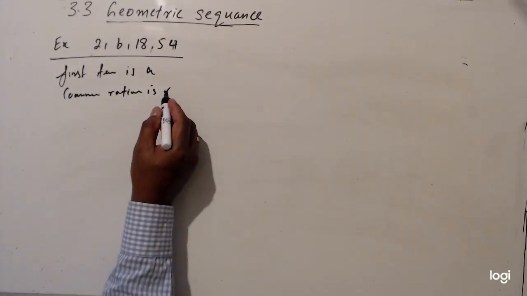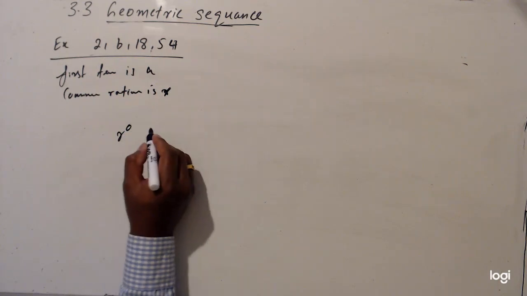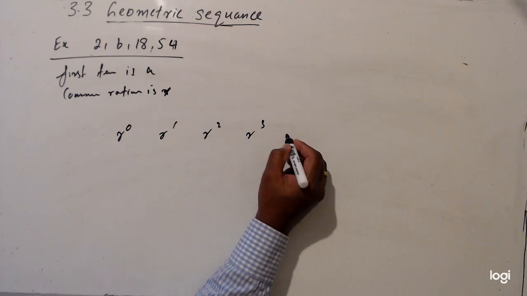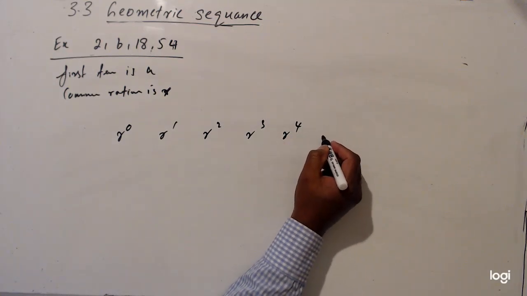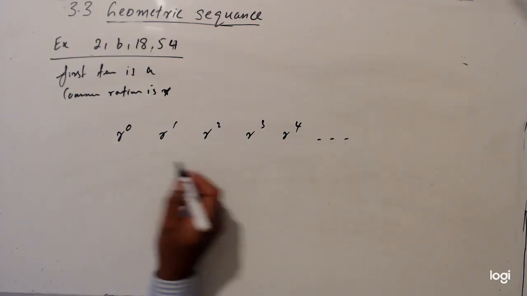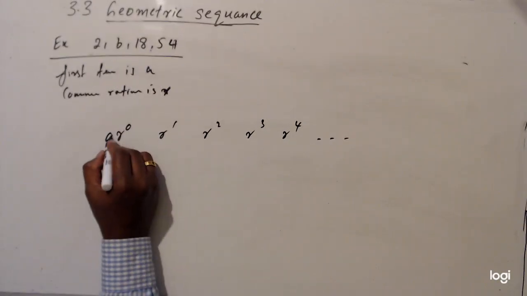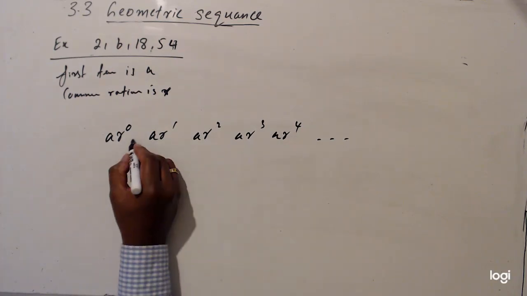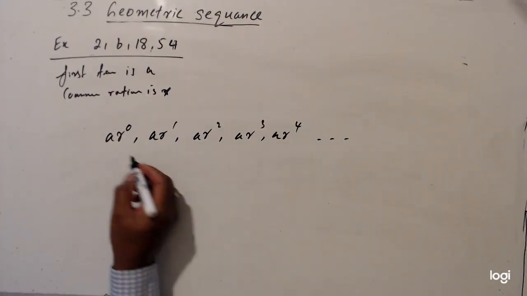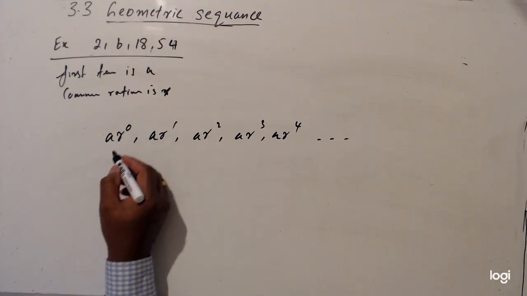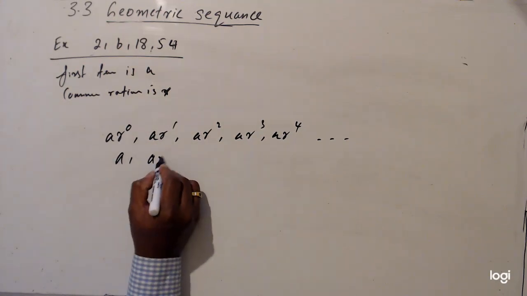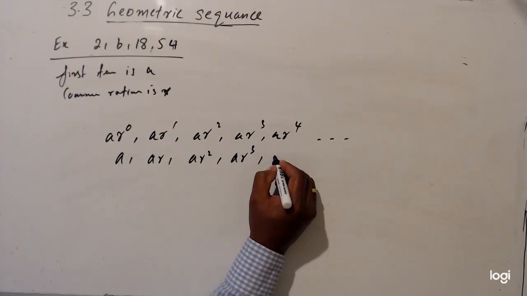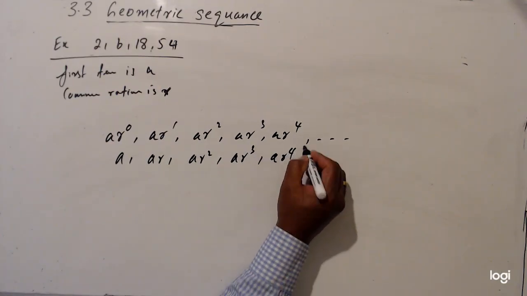So we start with the common ratio R0, R1, R2, R3, R4, likewise, and then multiply by A. R0, we know that that is 1. So A, AR, AR square, AR cube, and AR 4.